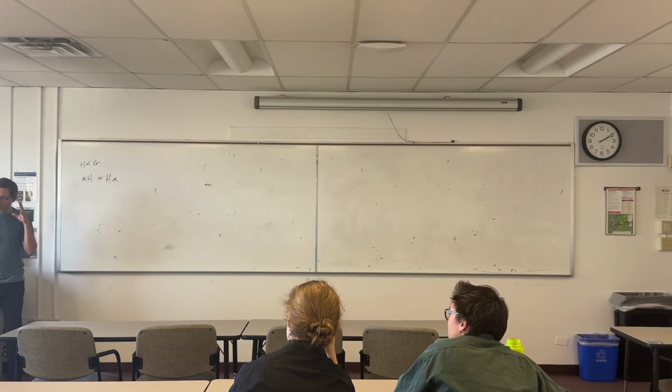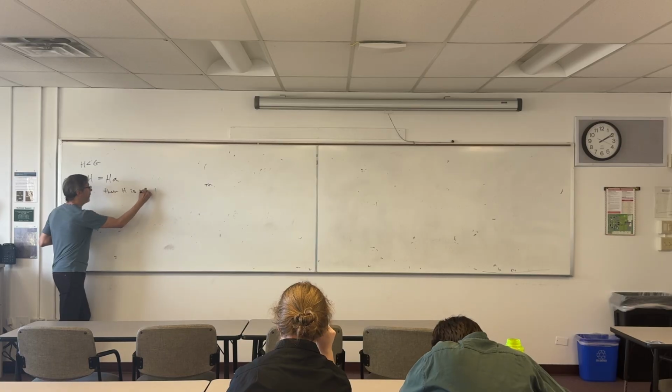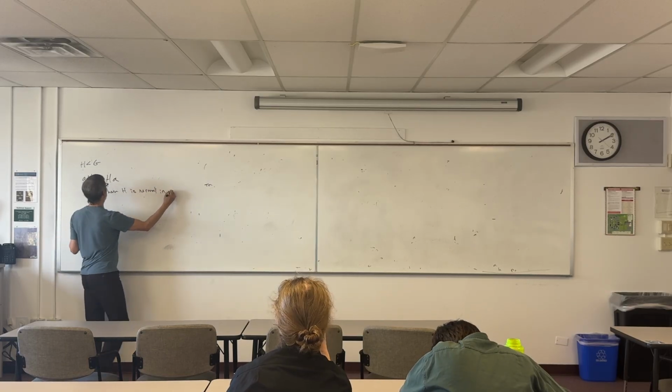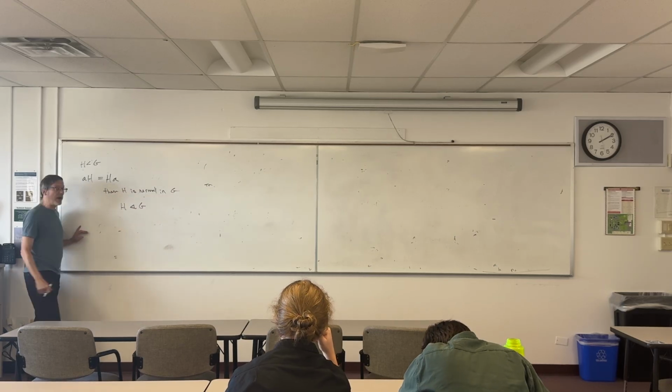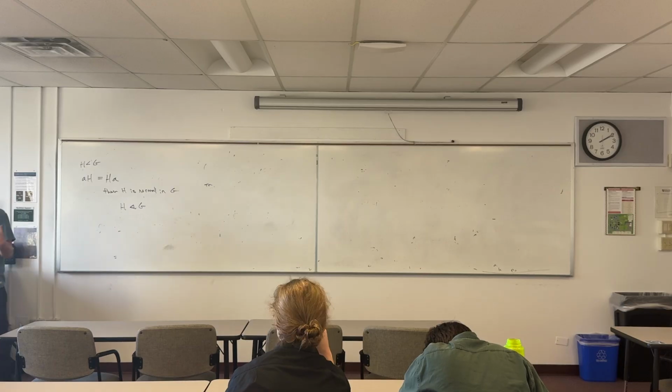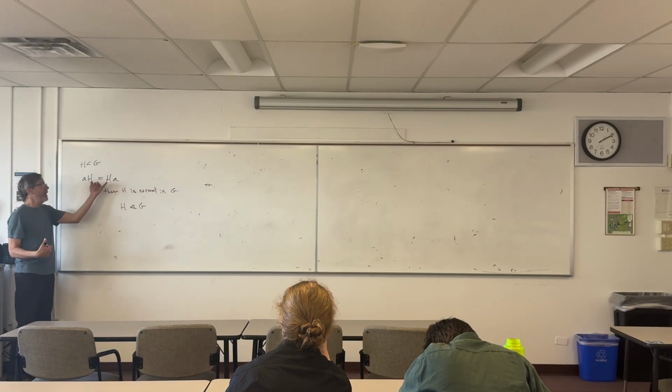It's a normal subgroup. Then H is normal in G, and we make the subgroup sign, but then we close it off and turn it into a little triangle. So that symbol universally means normality of the subgroup in the group. And again, that just means these are the same.